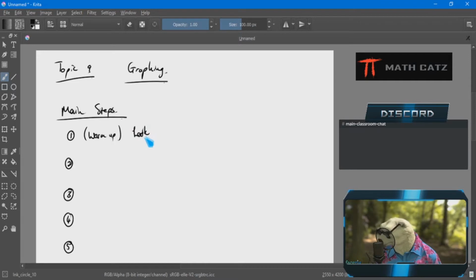People rush to the complicated mathy stuff, and they don't just stop and look at the function that they have to work with. Because often if I identify the function, like a polynomial and things like that, there are certain properties that will always come with that kind of function.